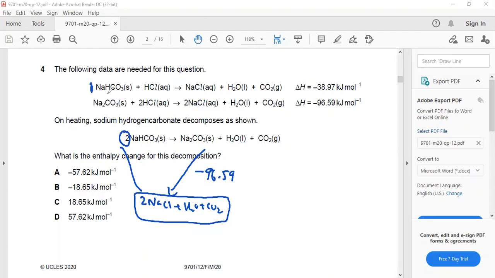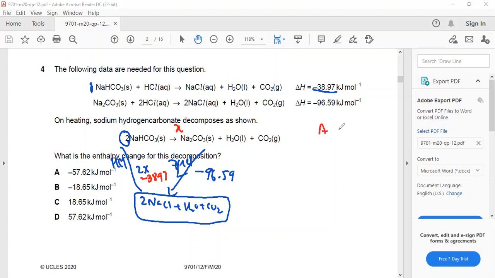For 1 mole of sodium hydrogen carbonate plus HCl, obviously 2 moles of HCl. So the value is minus 38.97. So for 2 moles, it will be 2 multiplied by minus 38.97. This we have to find.